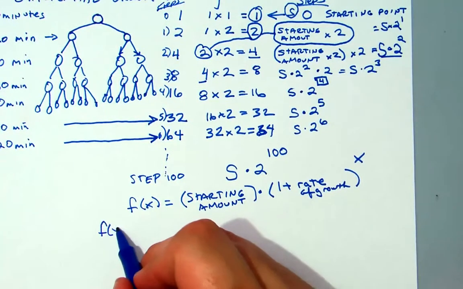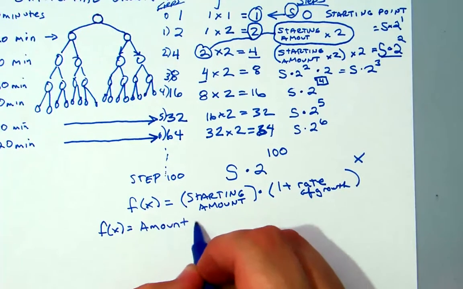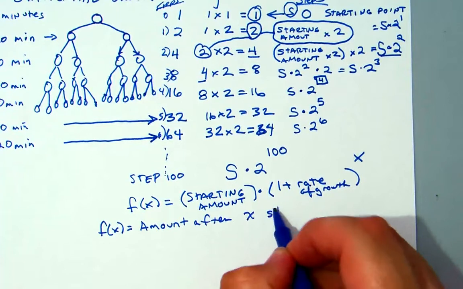So f of x is going to be the amount after x steps.